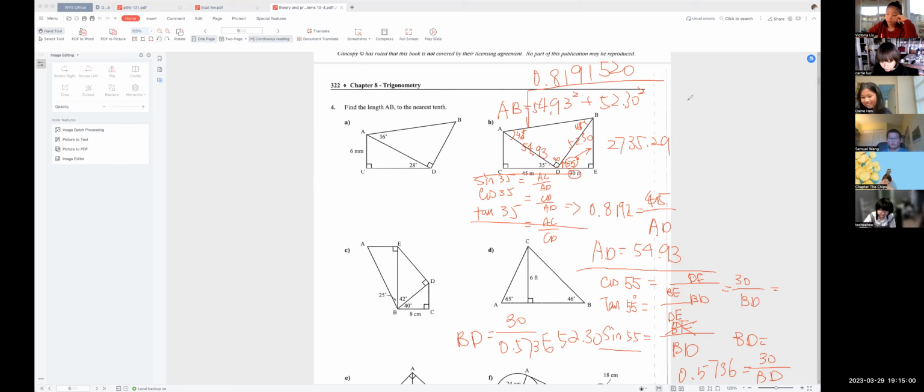The square root has a button. Oh, I found it. So 5751.30, and the square root is 75.85. So that is the answer for A.